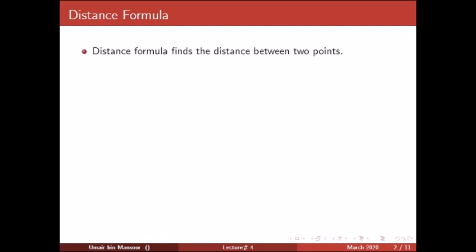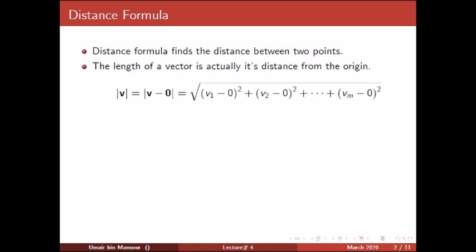You have already studied what a distance formula is. The distance formula gives you the distance between two points. So these two points can be the head of a vector and the tail of a vector.